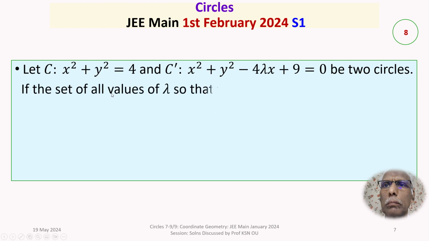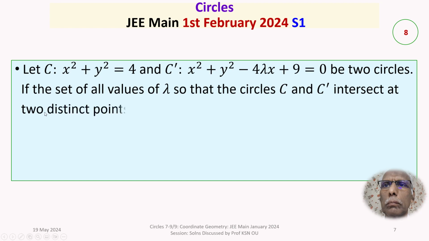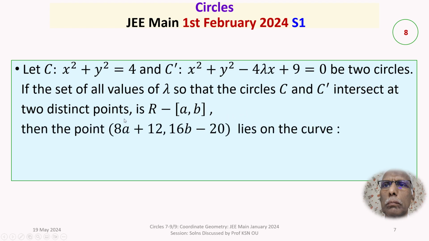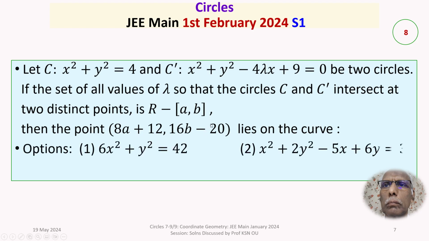If the set of all values of lambda so that the circles C and C prime intersect at two distinct points is R minus the closed interval a comma b, then the ordered pair 8a plus 12 comma 16b minus 20 lies on the curve, and we are given four options.